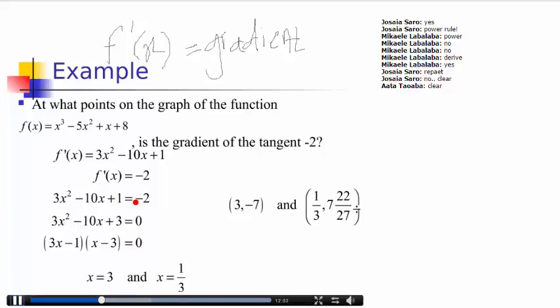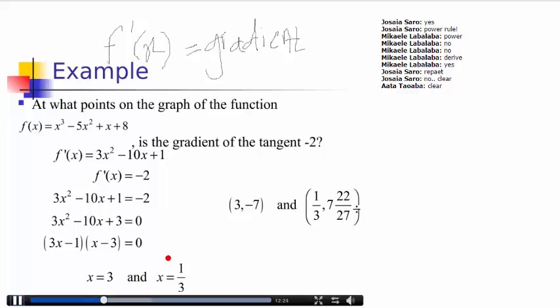Now, what are we going to find? We are going to find the points. So, I am required to find the x and y values. If I simplify this, I will get x as 3, that is one point, and x as 1 over 3, that's another.